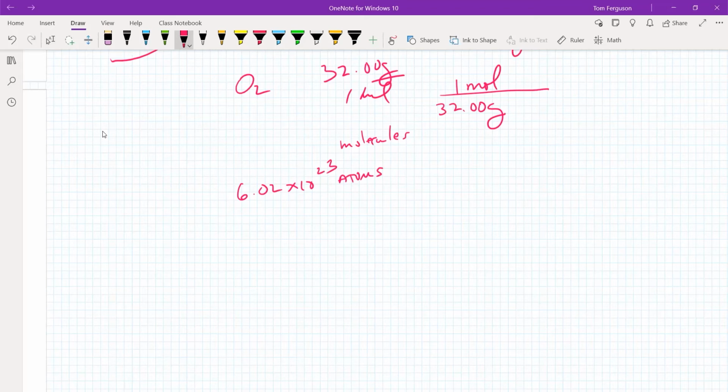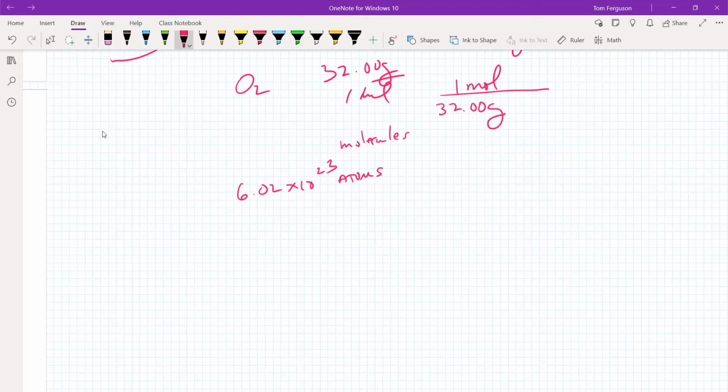It could be a dozen sheep, a dozen students, a dozen atoms. Same with moles. Moles are just a unit. So we can talk about a mole of atoms, a mole of molecules, a mole of sheep, a mole of cars. Mole is just a number.